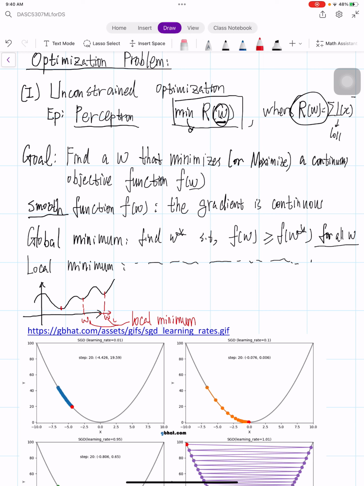And this point, I'll use a different color, this point will be W star. Let's say this function f is minimized at this W star. This W star is a global minimum. So it's lower than any point, but a local minimum is just lower than any points in the neighborhood of these W's.